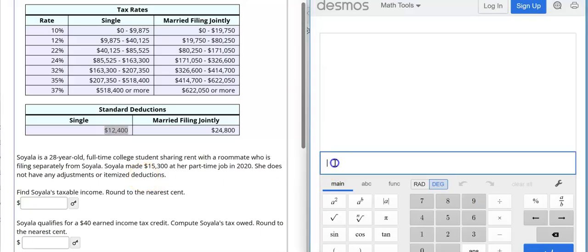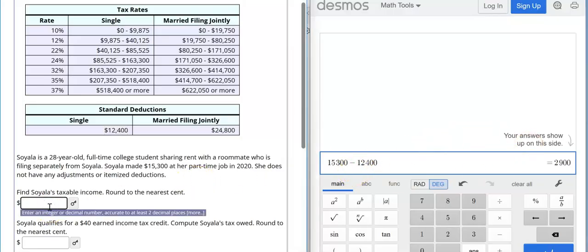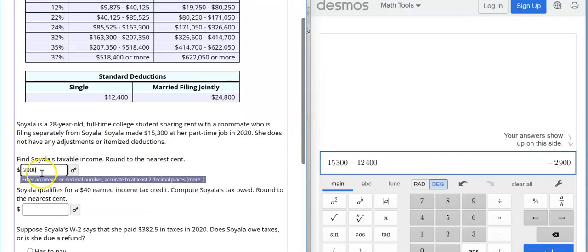So taxable income is going to be 15,300 minus 12,400. Her taxable income is only 2,900. That's the answer for the first question. That means she needs to pay taxes on only this $2,900.